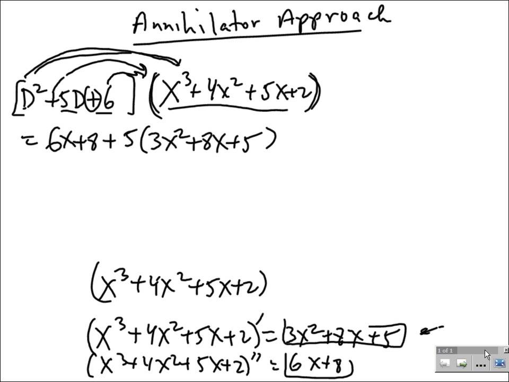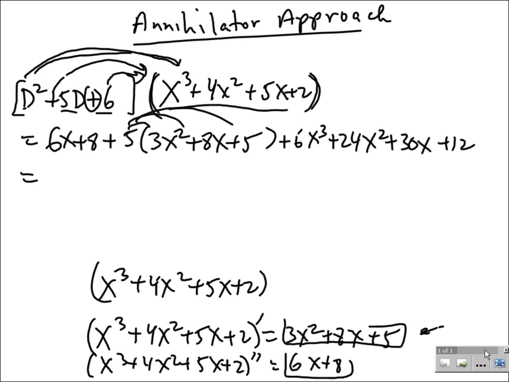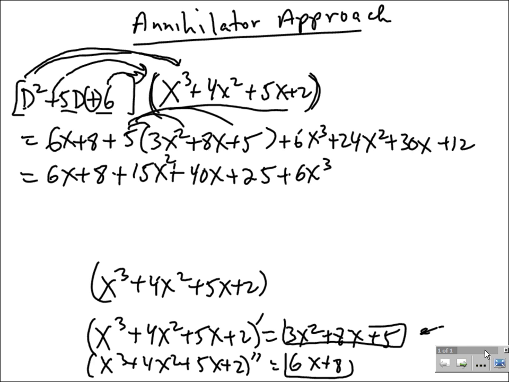Plus 6 times that polynomial, which will be 6x cubed plus 24x squared plus 30x plus 12. In this step, I'll just distribute the 5. You have 6x plus 8 plus 15x squared plus 40x plus 25 plus the rest, 6x cubed, etc.